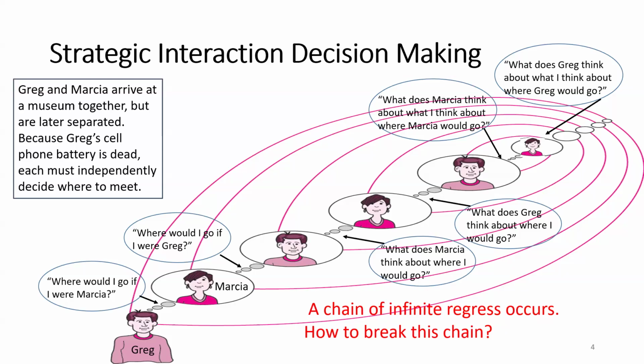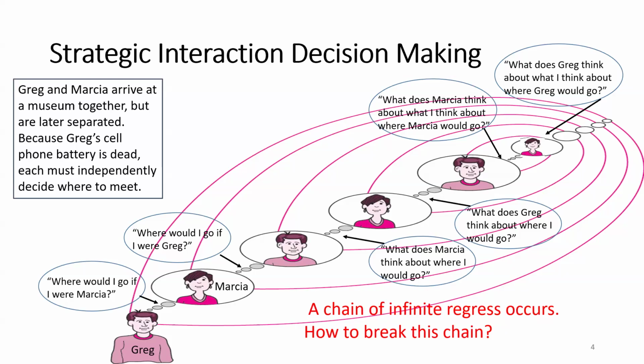Then the boy will think, what does the girl think about where I will go? Similarly, the girl will have the same thought. Furthermore, the boy will think, what does the girl think about what I think? The girl has the same thought.